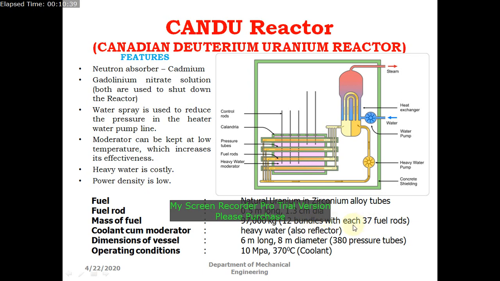So the number of fuel rods is 444, which are inserted at a time into the reactor. These 444 fuel rods weigh around 97,000 kg. That means we need a very huge quantity of fuel inserted inside the core of the reactor.